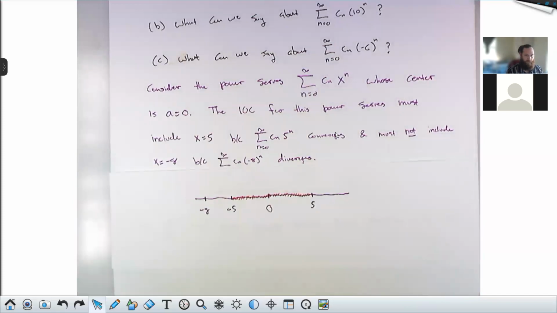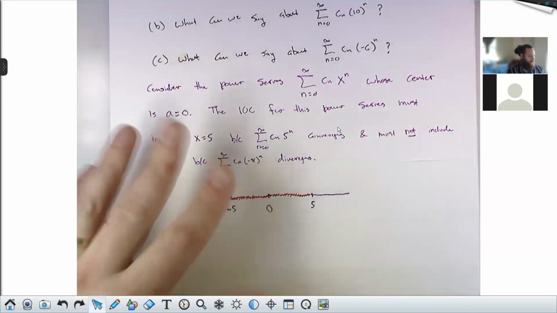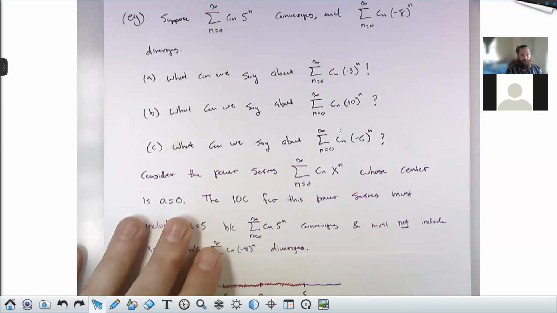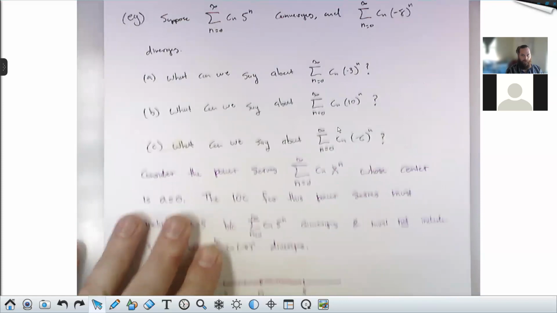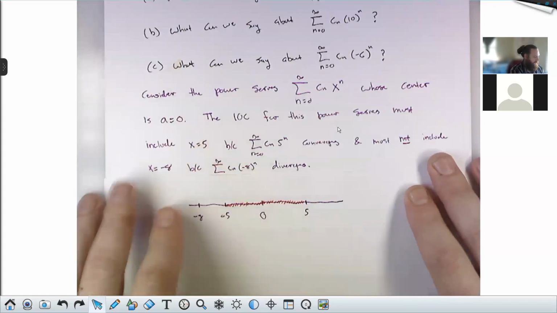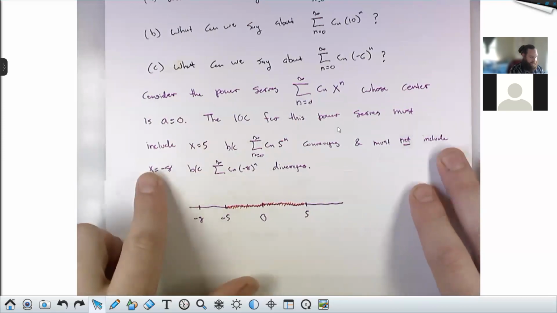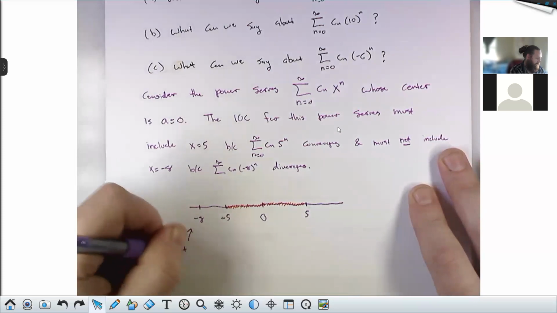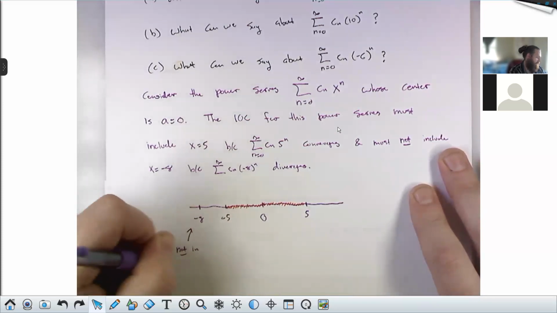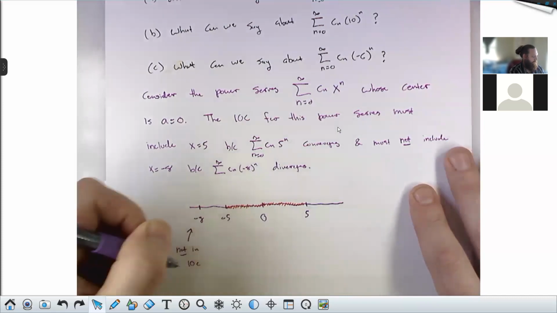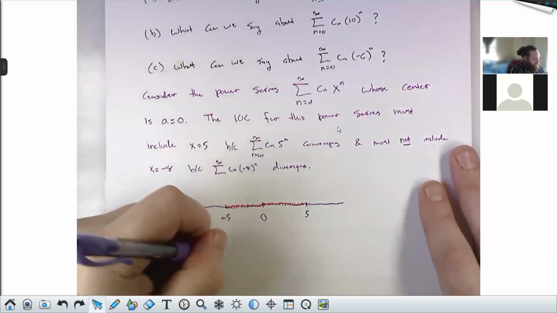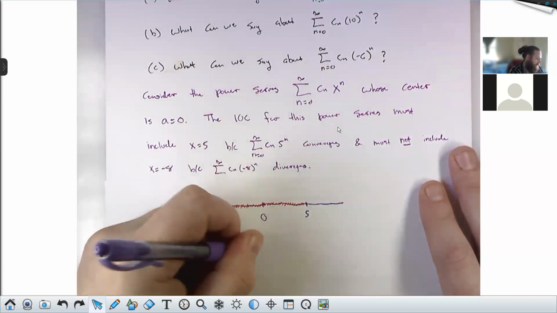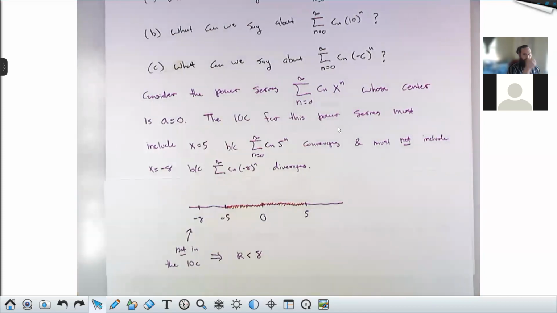I'm told that sigma Cn times -8 to the n is divergent, right? So -8 is not in the IOC. And that means that the radius of convergence must be strictly smaller than 8.